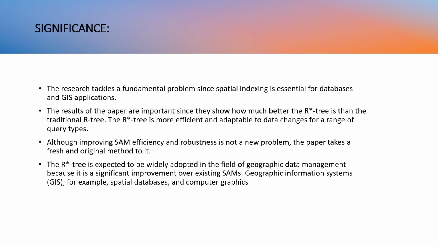The R-star tree is also expected to be widely adopted in the field of geometric and geographic data management, as it is a significant improvement over existing SAMs, and in geographic information systems, GIS, for example spatial databases and computer graphics.